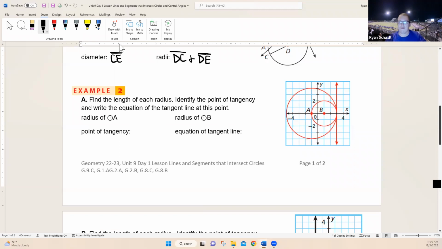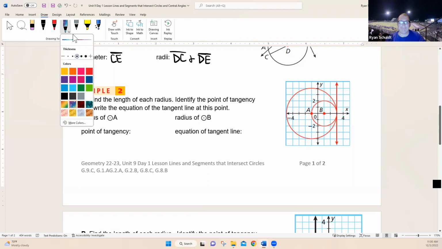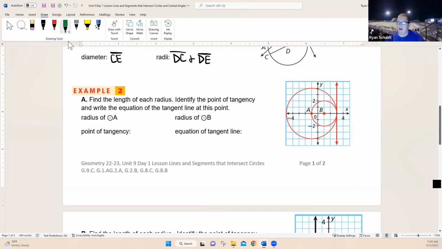Okay, so for circle A, our point's in the middle here. We want to see how big the radius is. So 1, 2, 3, 4. That radius is 4.